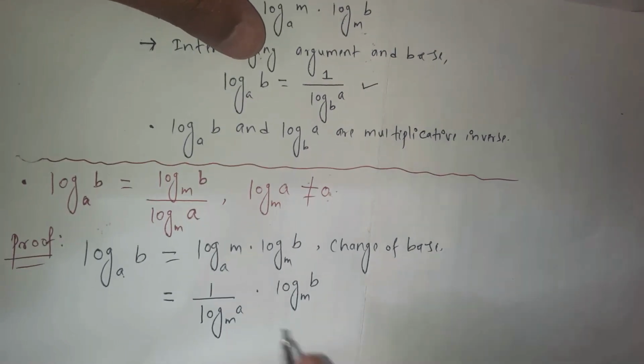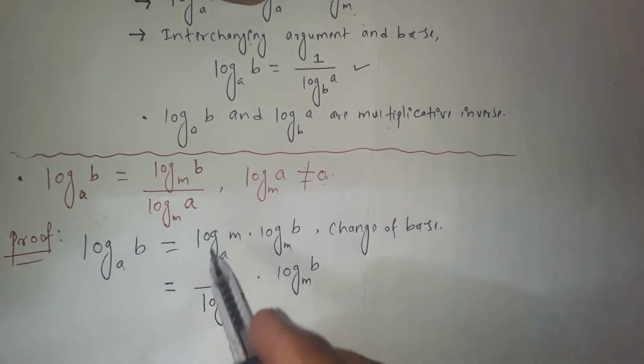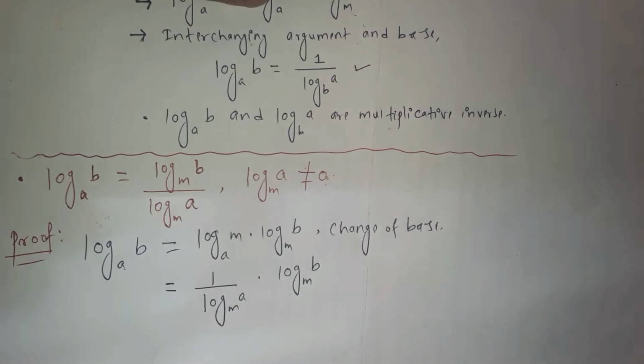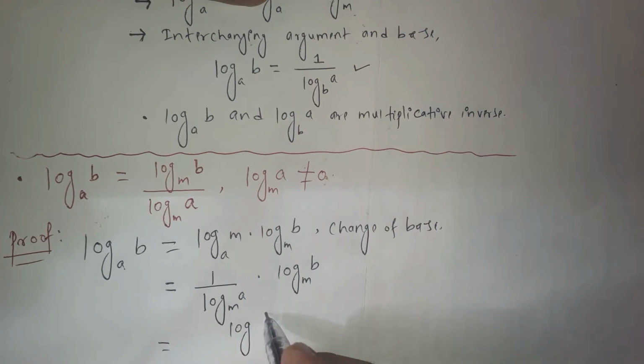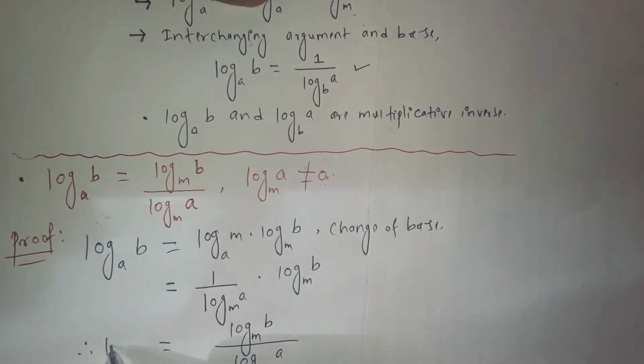In this step we just use the concept of interchanging the argument and the base of the logarithm. Here we interchange the argument and the base of the first logarithm, and this can be further simplified as log of b with base m over log of a with the same base m.